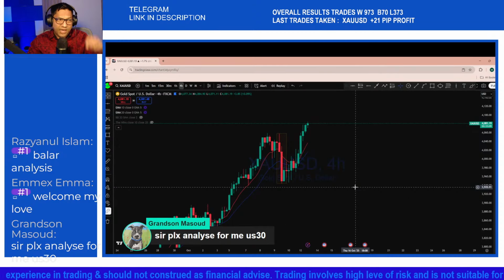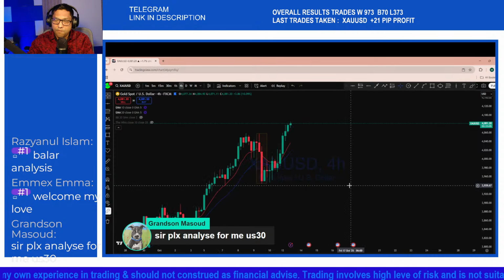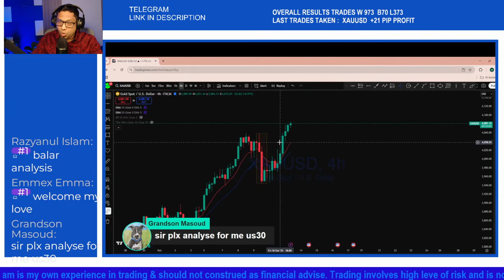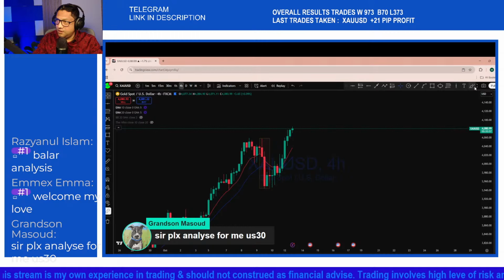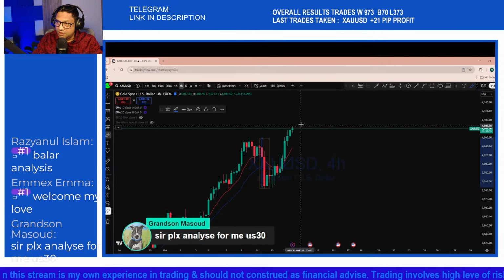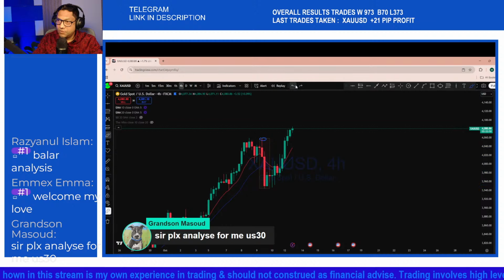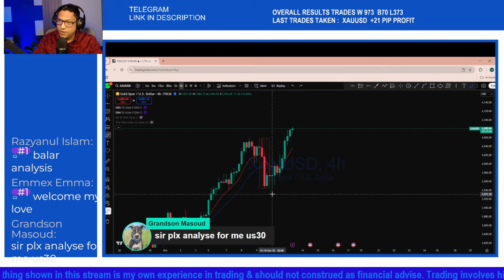Now that breakdown has given significant momentum in the market. What is that momentum that we can see? This is the momentum that the price action has gained from this high here, a complete breakdown below to this support level.